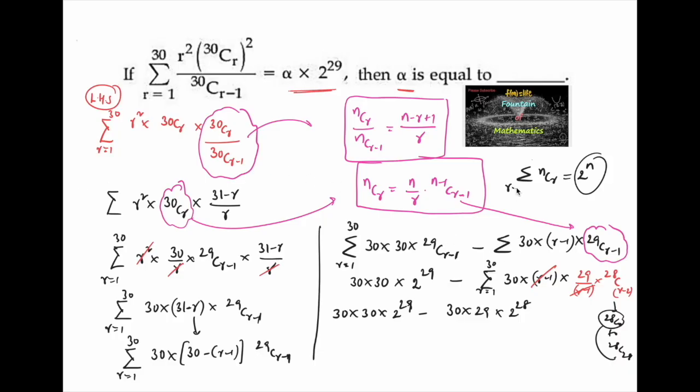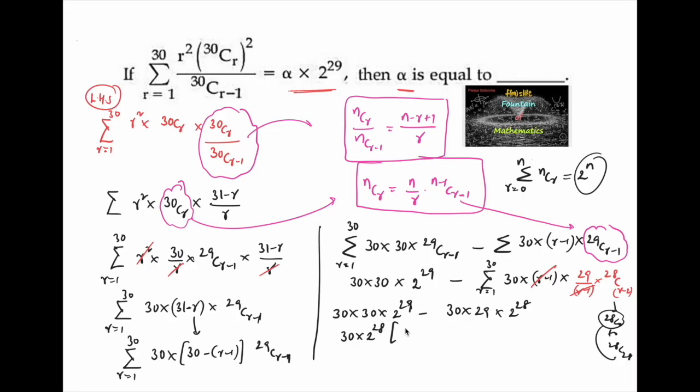So that we can simplify and write 30 into 2 to the power 28 taken common.